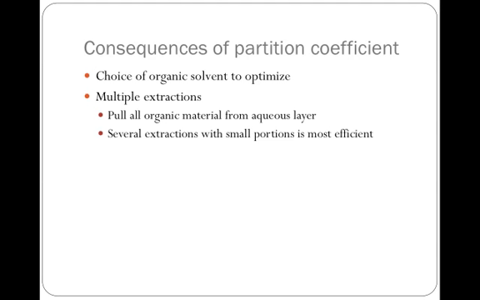If you play around with the equations from the partition coefficient, you'll find that several extractions with small amounts of organic solvent is more efficient than one big extraction with the same amount of liquid. So multiple extractions with small amounts of material is typically the optimum way of getting your compound out of the aqueous layer.